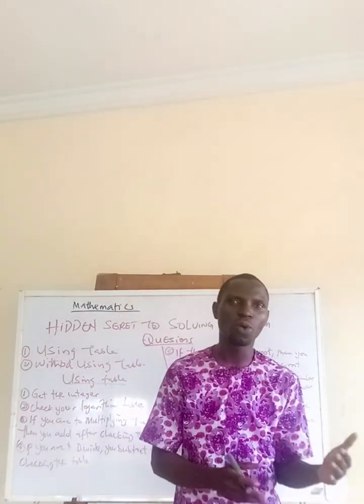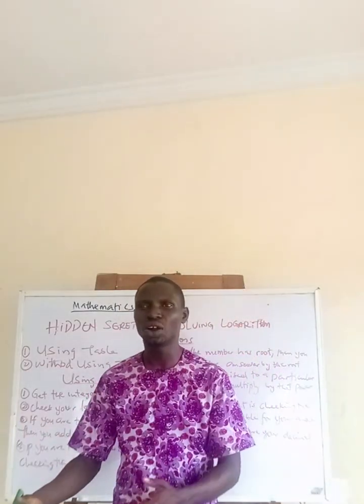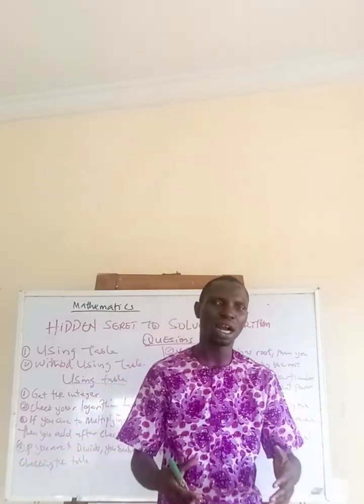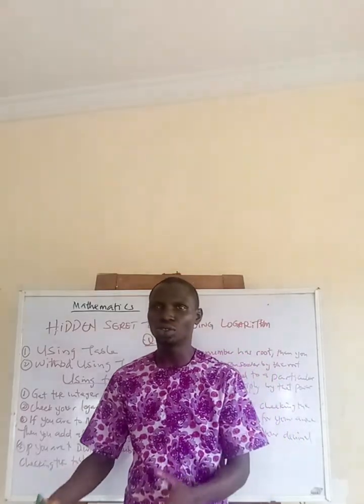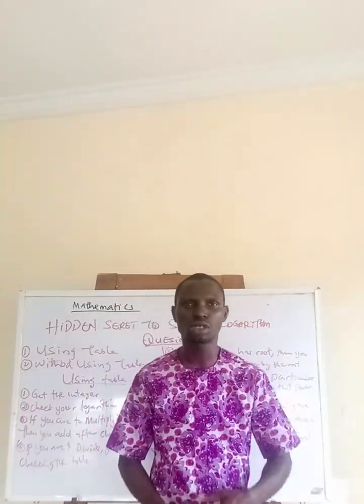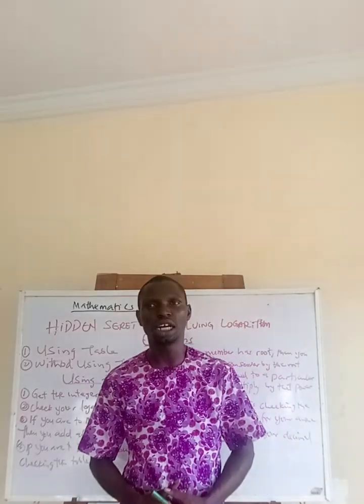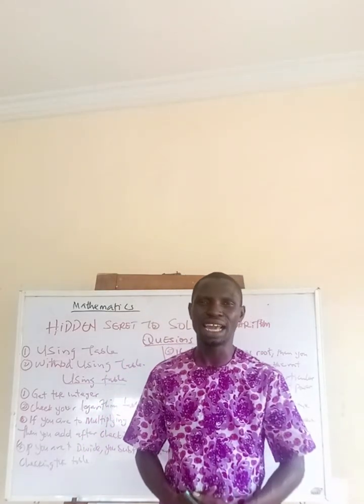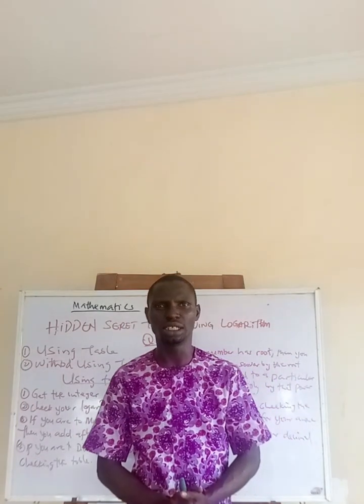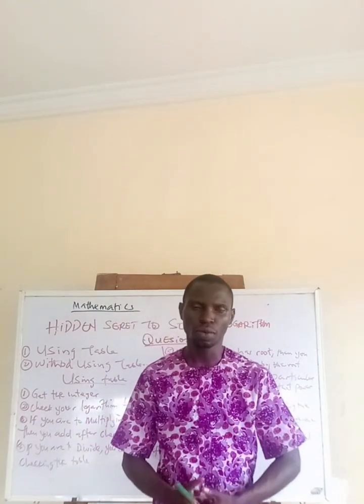You don't look for one and check the antilog, then look for the other and check the antilog. It is not done like that. Do all the additions, divisions, and multiplications. After then, you can proceed to checking the antilogarithm table.